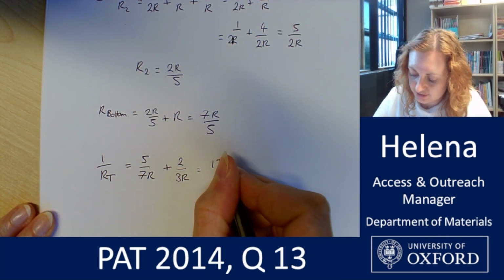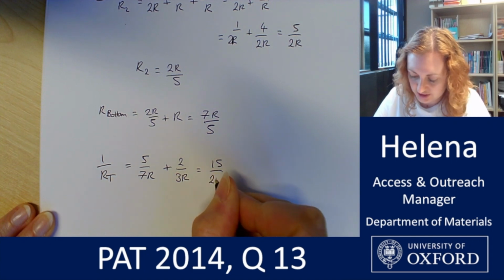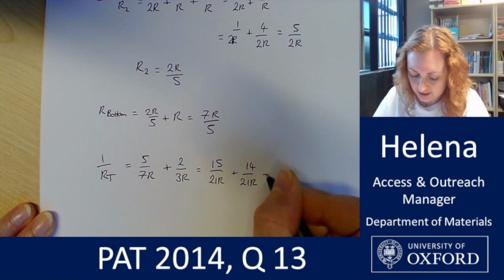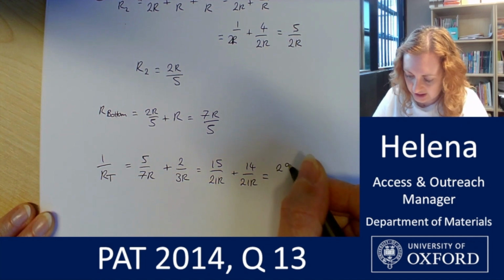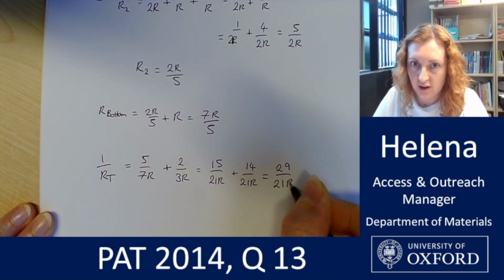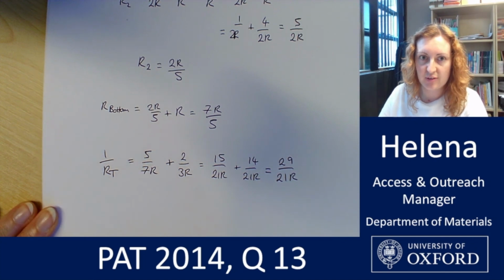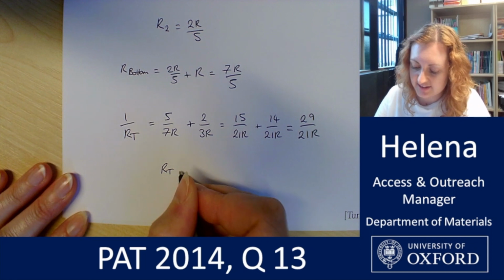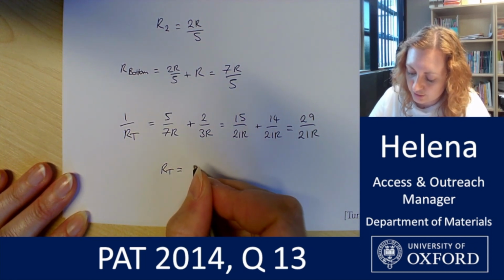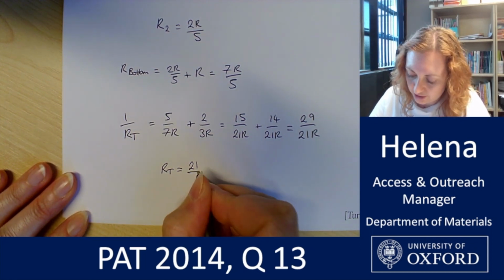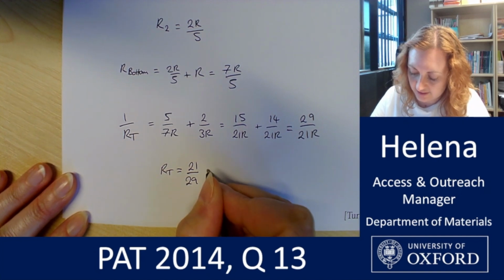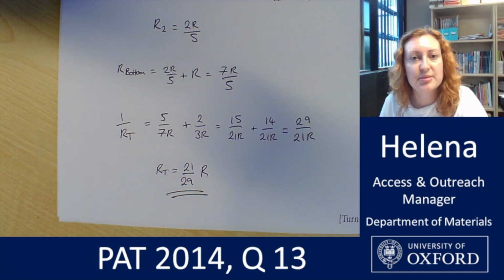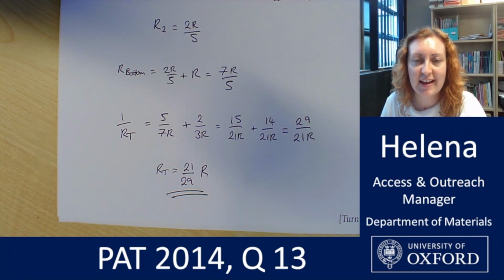That's equal to 15 over 21R plus 14 over 21R, which gives us a value of 29 over 21R. Again, that's 1 over RT, so if we flip that fraction the other way around, the total resistance of that network is equal to 21 over 29R, which we could turn into a decimal, but it's always nice to leave it as an exact fraction.